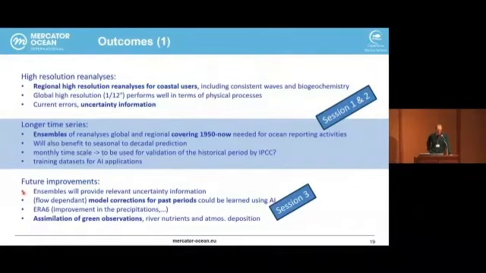We know that the 100-degree also performs well, and we are pretty happy about that. And we also need information concerning the uncertainty. Concerning long time series, of course, we need an ensemble approach due to the lack of observations in the past. This is the only way to propose really good information in terms of quality.